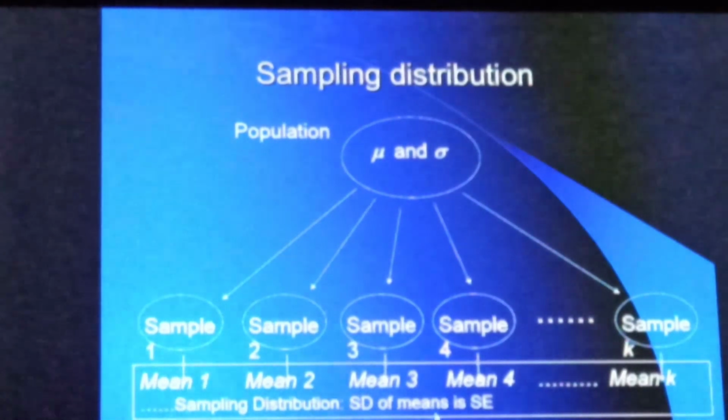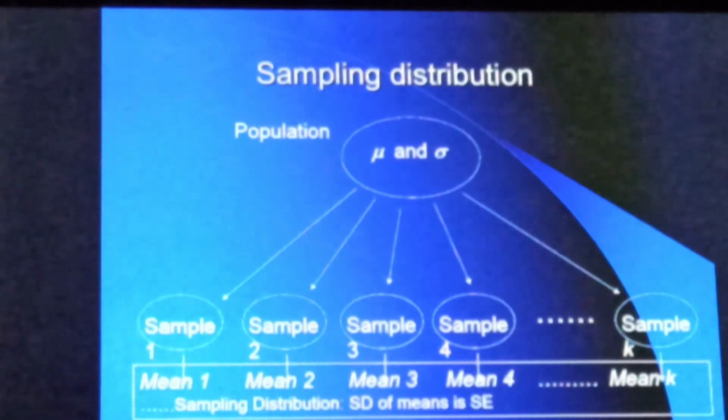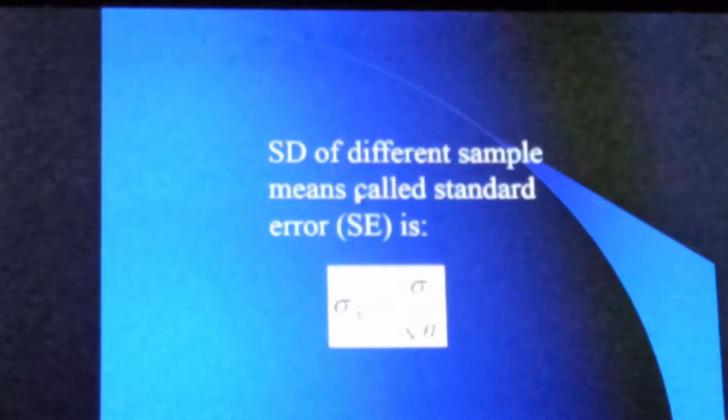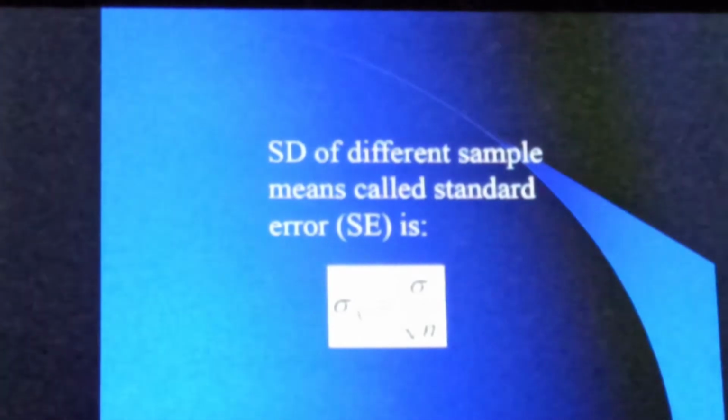That is called standard error. It is computed by the formula standard deviation divided by the square root of n, the sample size. So we don't have to actually draw different samples and calculate the standard deviation of their means. We have a direct formula for that from the central limit theorem.